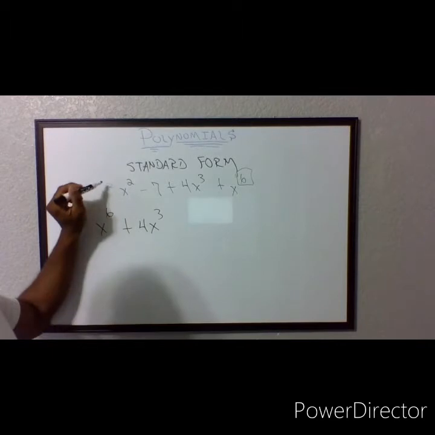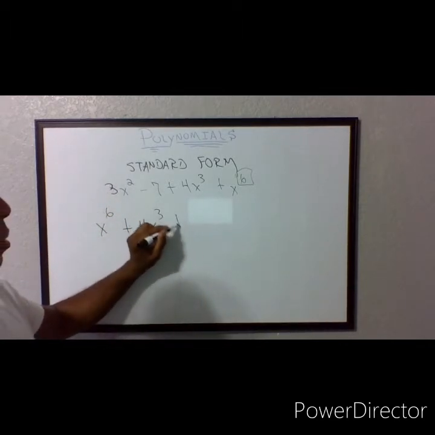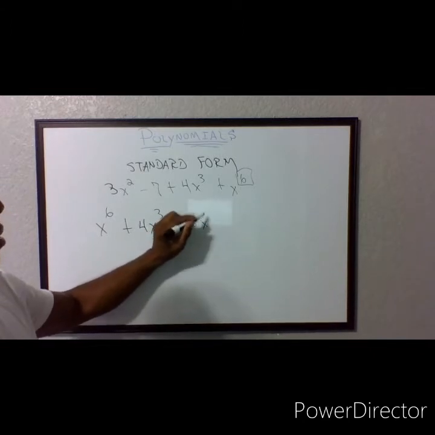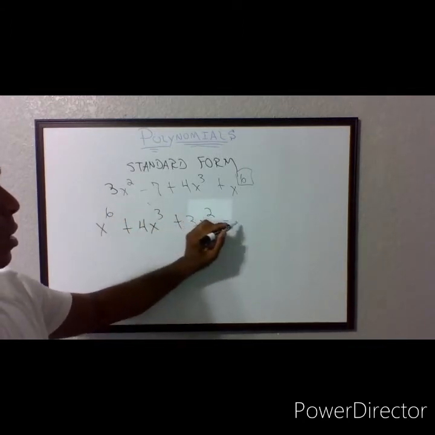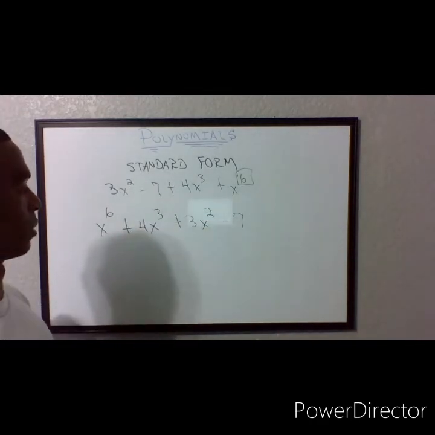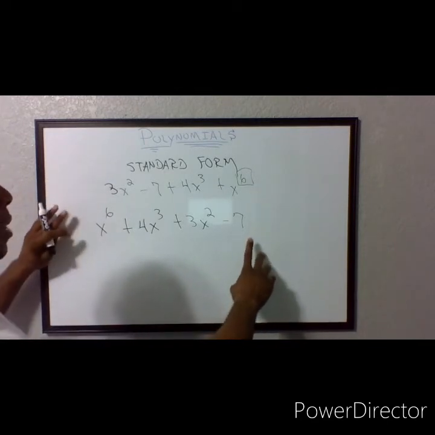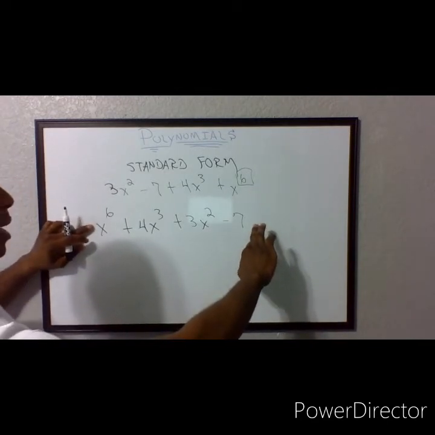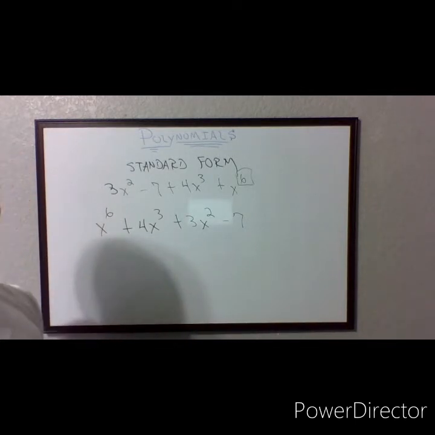This is a positive 3x squared since there's no negative in front of it, and then followed by our constant, negative 7, since it does not have a variable. So if we were given an equation like this, we would have to write it in standard form, with the highest degree to the least. So that's how we would write that.